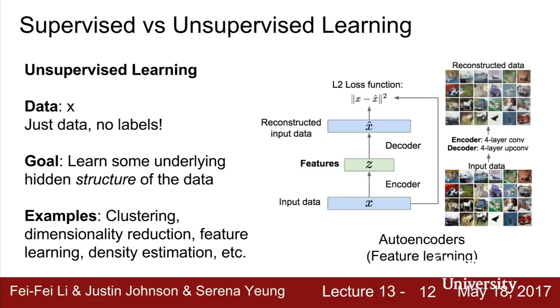And in an unsupervised setting, for example, autoencoders, which we'll talk more about later, our loss is now trying to reconstruct the input data to basically have a good reconstruction of our input data and use this to learn features. So we're learning a feature representation without using any additional external labels.